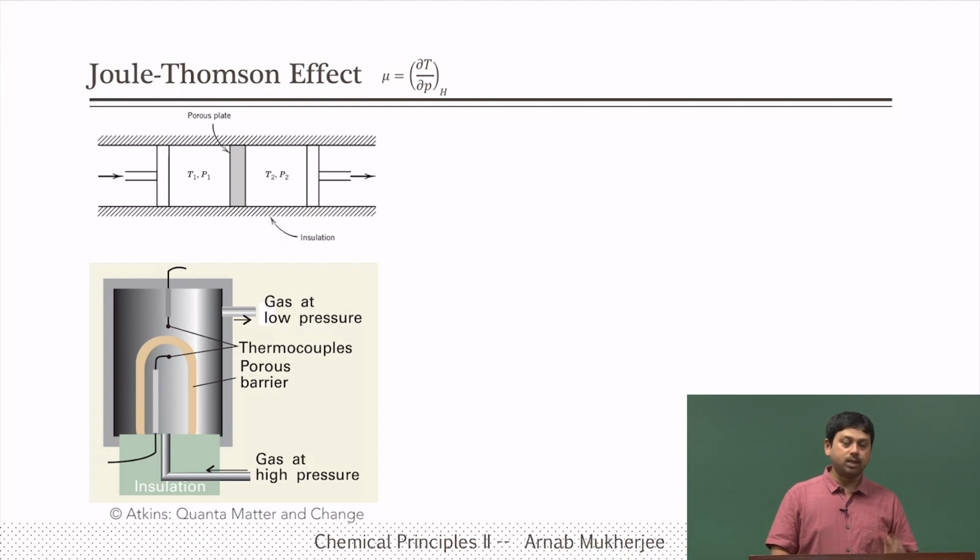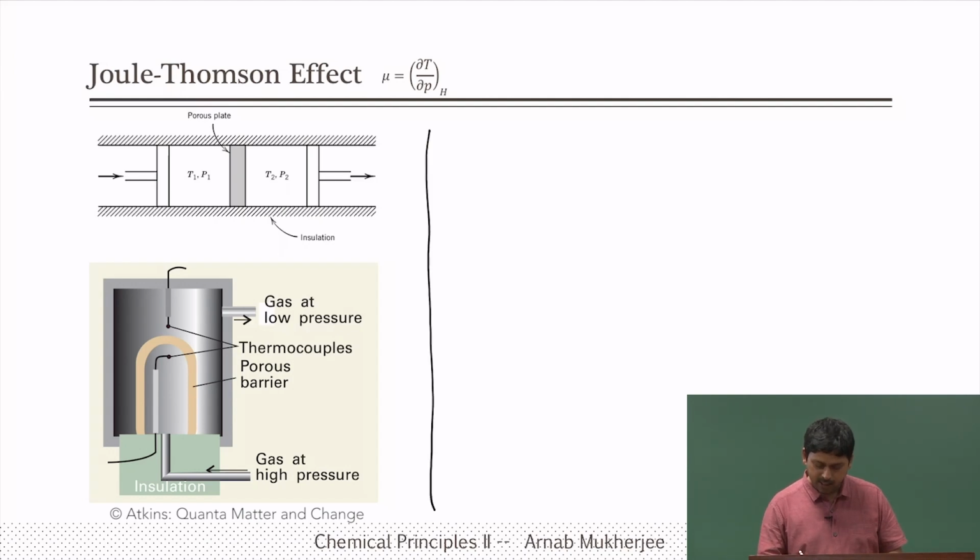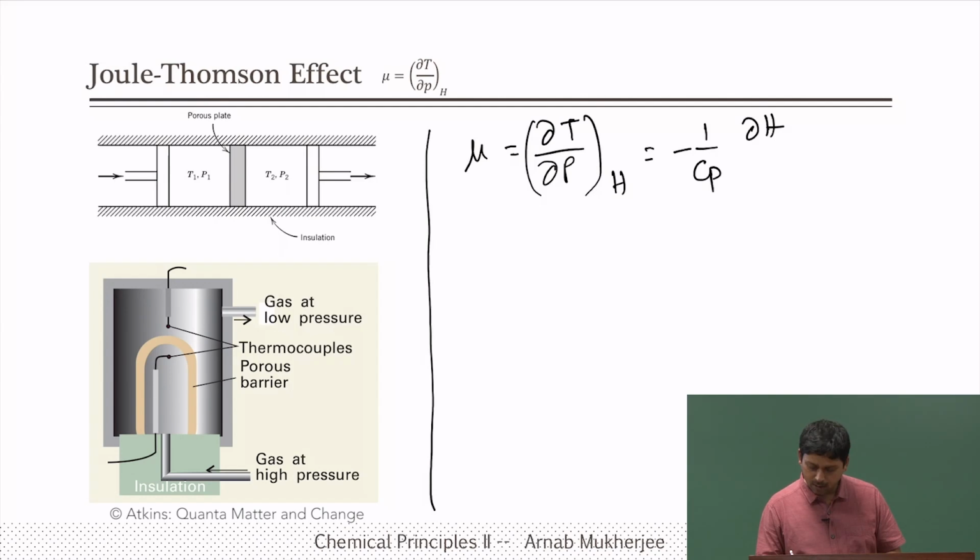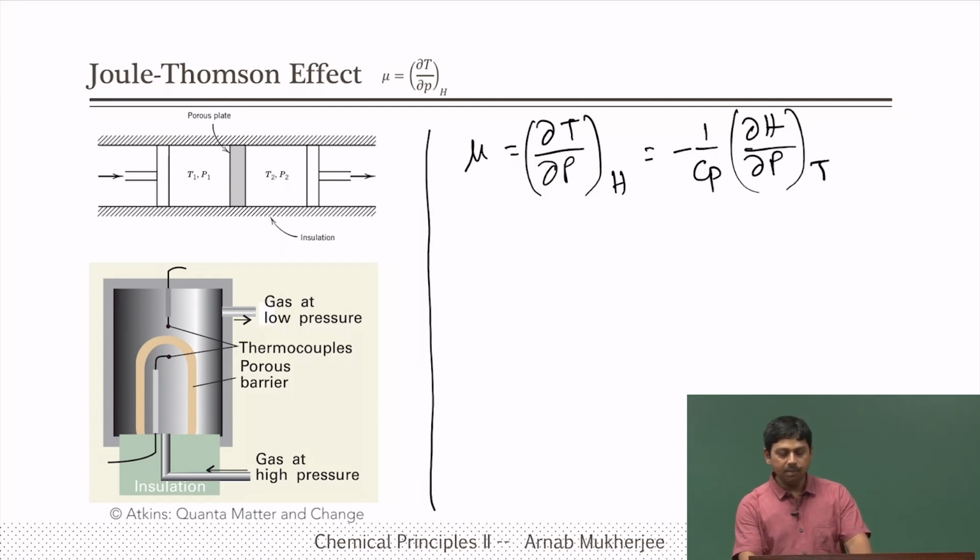Now, I would like to ask you, okay, so before I ask you that one, let us write down once more that mu is del T by del P at constant H, which is minus 1 by Cp del H by del P at a constant T, right. I remember that by correlating with what was for Joule's. If you by chance forget the formula, you can correlate with one of them and then remember. Now, what is the value of mu in case of ideal gas?